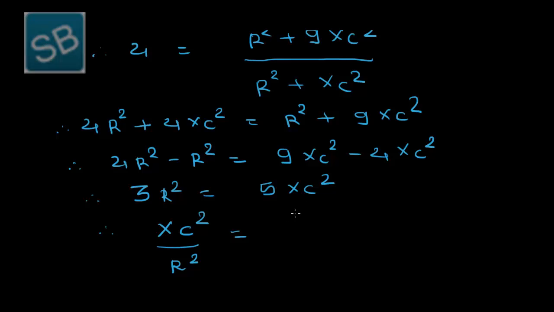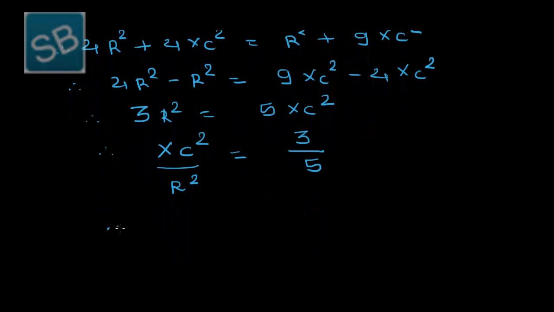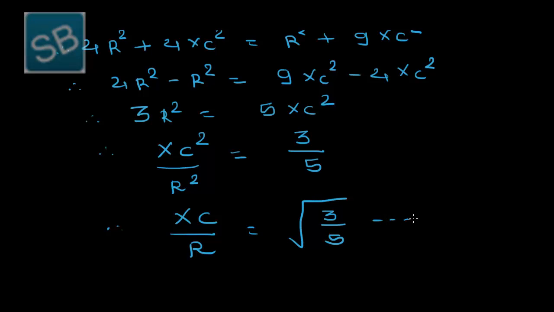So XC square over R square is equal to 3 by 5. But still this is the ratio of the square of reactance and the square of resistance. So taking the square root on both the sides, the ratio of reactance and resistance, XC over R, is equal to the square root of 3 by 5. So this is your required answer, and now we will switch on to illustration number 9.